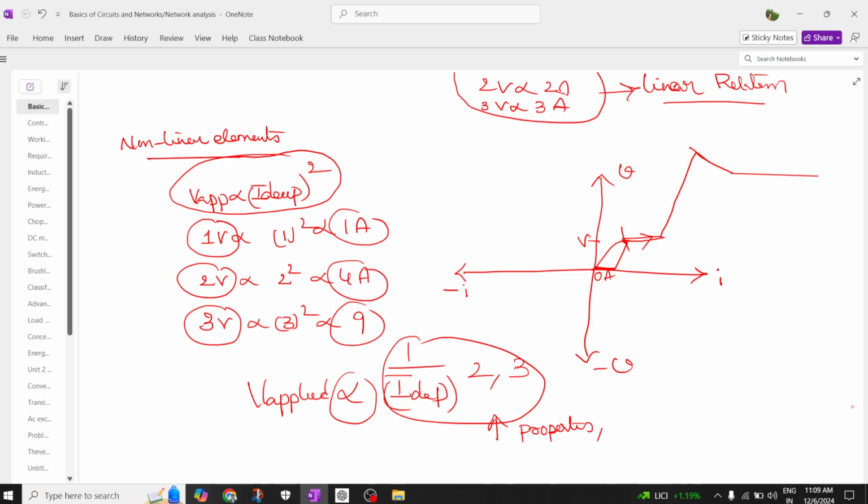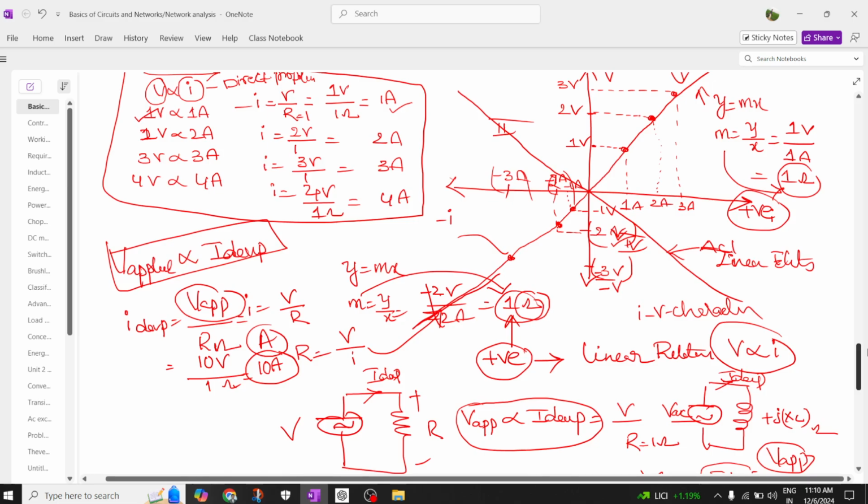As you keep on applying the voltage, the current gradually increases. This is called active region. If you apply more voltage, the current will not increase further. The current maintains a constant magnitude, and this is called saturation. So multiple regions are exhibited by these elements. Therefore, I can claim these kinds of elements, especially this transistor family of elements, as non-linear.